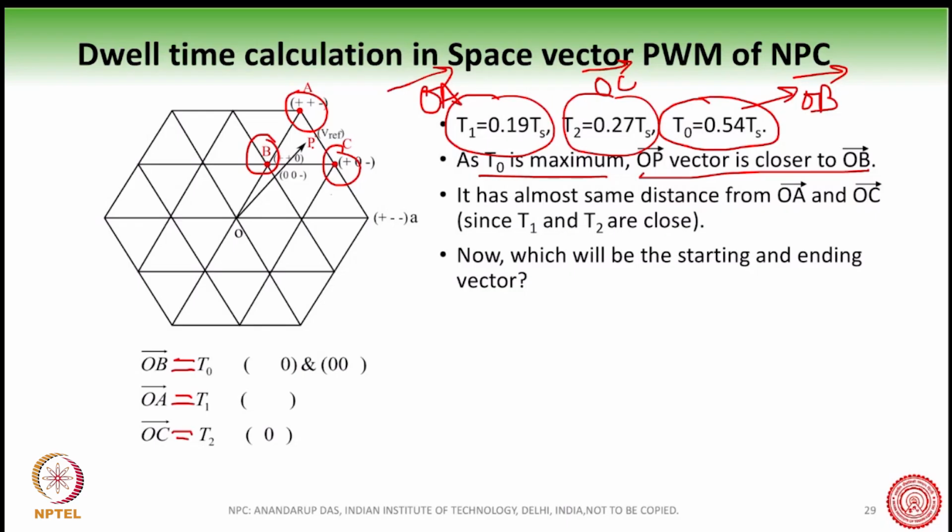And remember that OA is plus, minus, minus, and OC is plus, 0, minus, and OB is plus, plus, 0 and 0, 0, minus. So this is how this whole switching will happen.